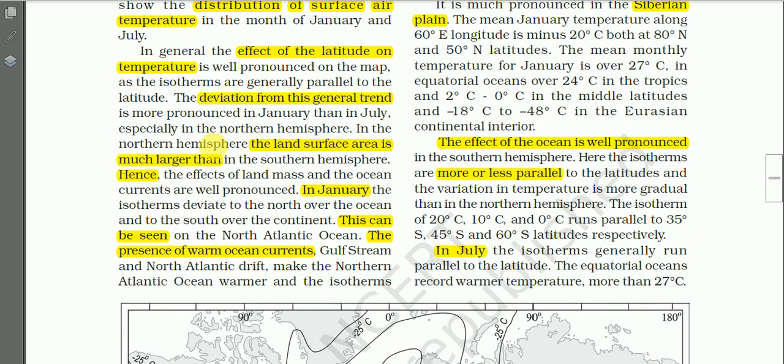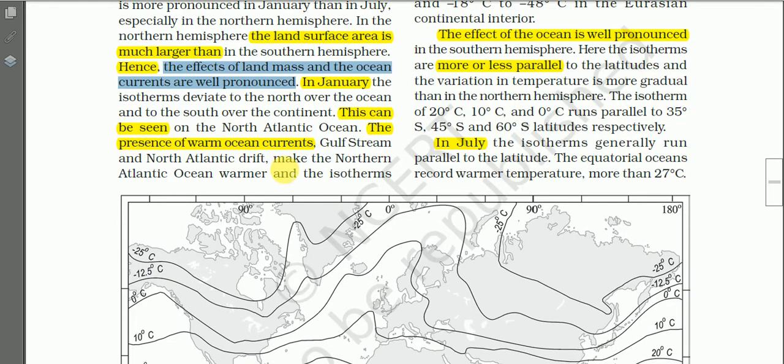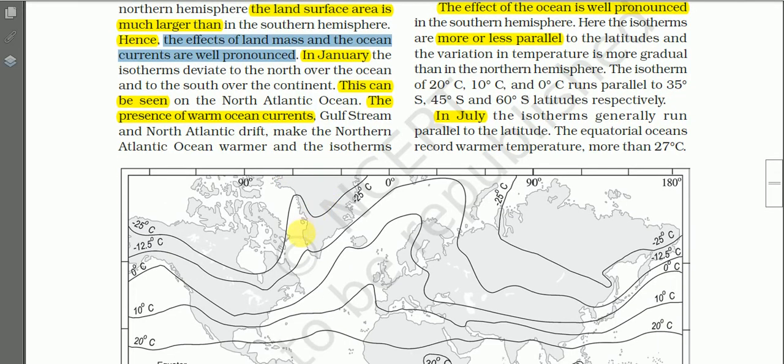In the northern hemisphere, the land surface area is much larger than in the southern hemisphere, and hence the effects of land mass and ocean currents are well pronounced. Since the area of land in the northern hemisphere is much larger, the effect of landmass and ocean current is more pronounced there. So in January, what happens in the northern hemisphere?